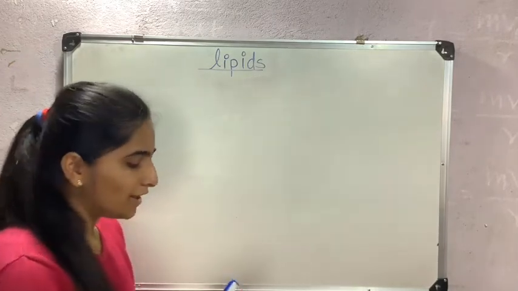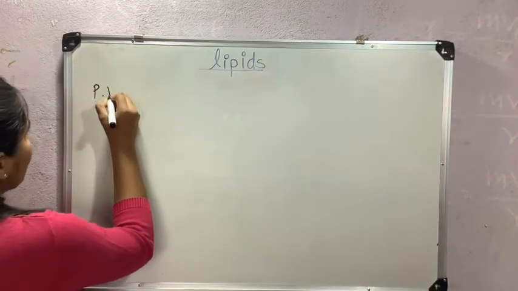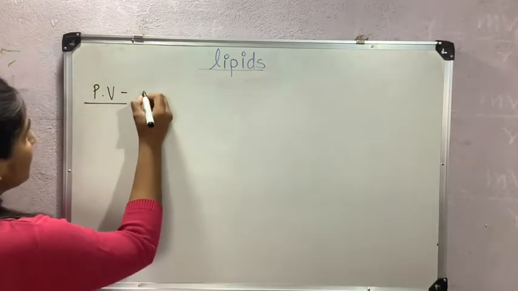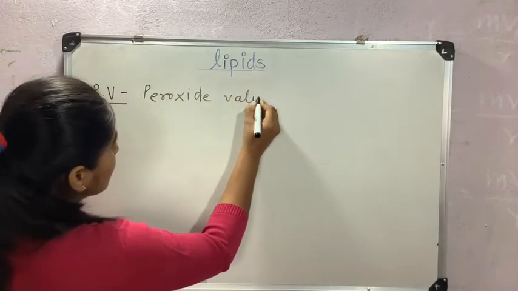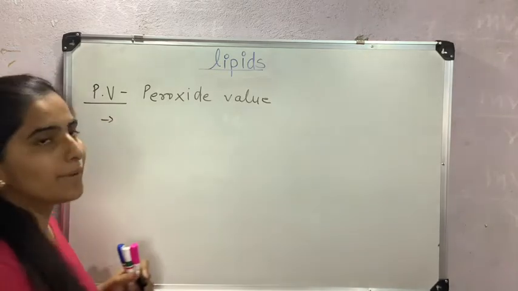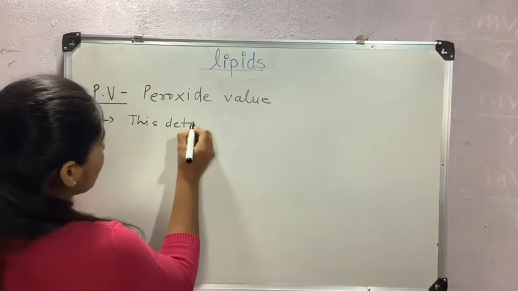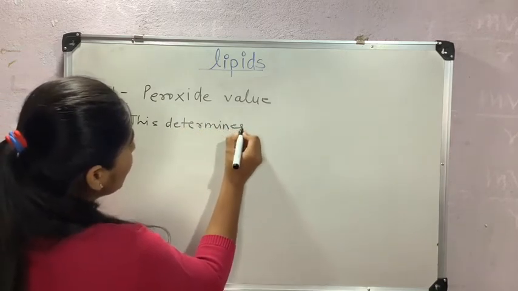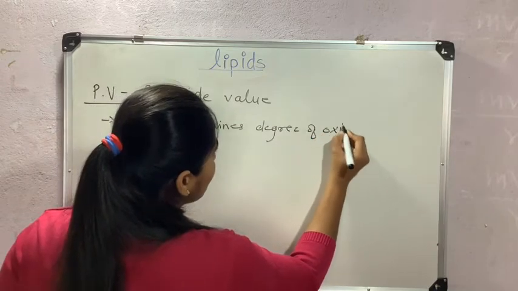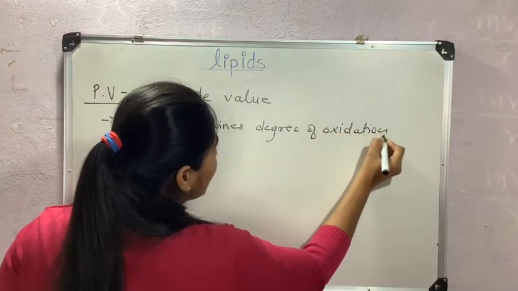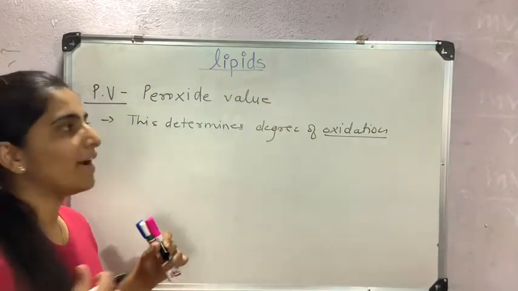This peroxide value determines the degree of primary oxidation. As I told you in the last video, this oxidation or oxidative rancidity occurs in unsaturated fatty acids.